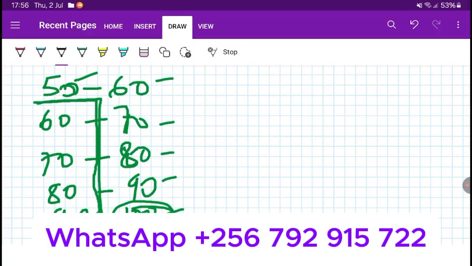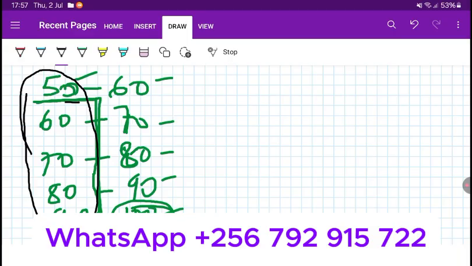So someone is going to ask, what if we are taking only these ones? Why are we including 100? We are eliminating the gaps. This 100 in the next class will be 100 to 110.